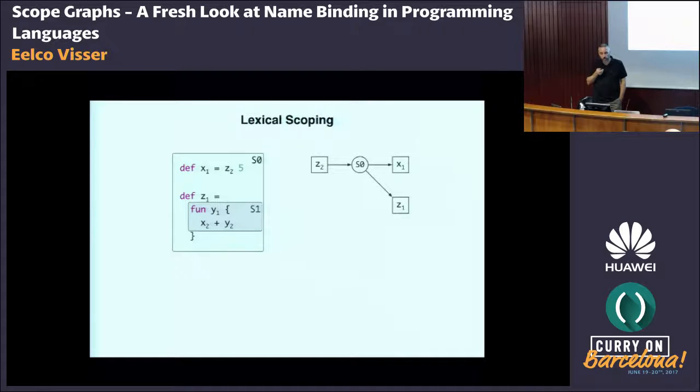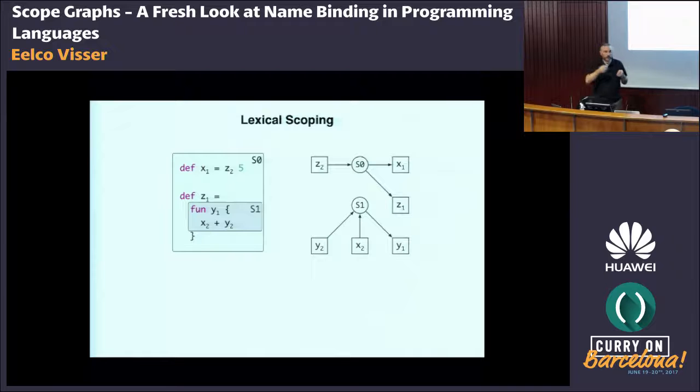So let's make the scope graph again. So we have a global scope with two declarations x1 and z1 and a reference z2, and we have a nested scope s1 with the references x2 and y2 and a declaration for the lambda variable y1.